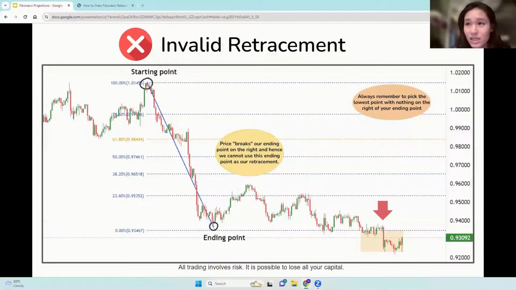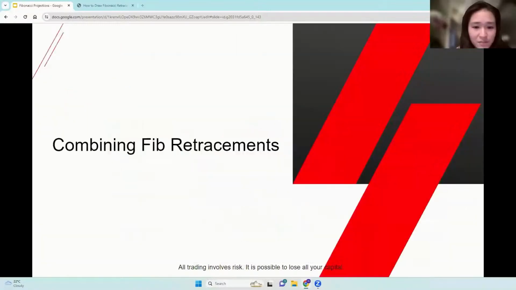If it's the other way around, so if your starting point was here and ending point here, then it would be an invalid retracement if price breaks above that 0%. Basically, as long as it doesn't break below this 0%, then you're good to go. But we'll look more into this when we look at the charts.